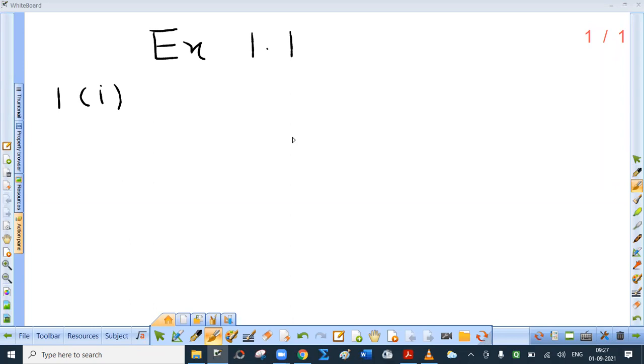In the exam, you have to say that it is a statement. Write down: it is a statement which is false, because 5 plus 4 is not 13. Hence, its truth value is F, capital F.